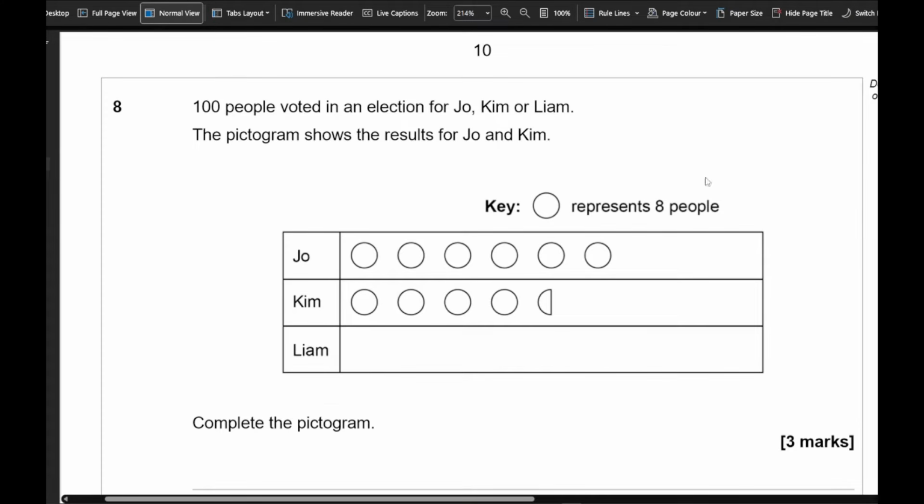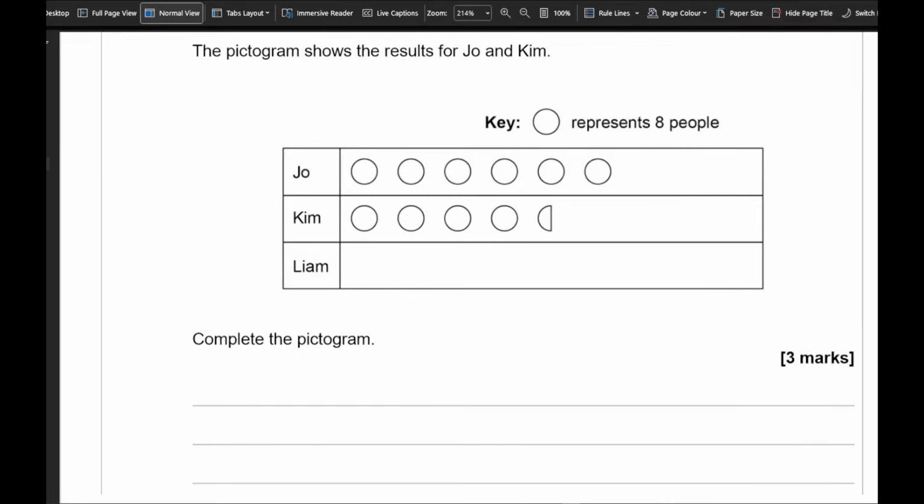Moving on to question 8, it says 100 people vote in an election for Joe, Kim or Liam. The pictogram shows the results for Joe and Kim. Complete the pictogram. So what we need to do is work out the total for Joe and Kim, where each circle represents 8. So here I've got 8 times 6, which is 48.